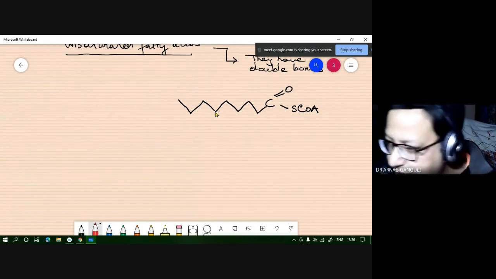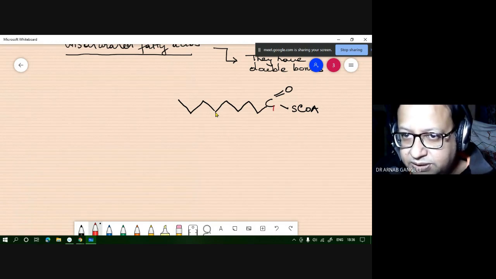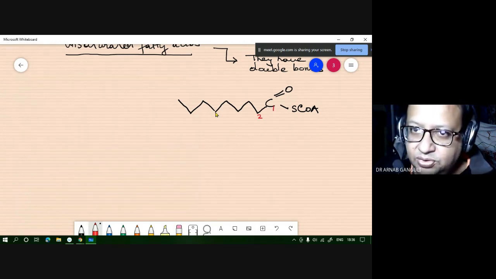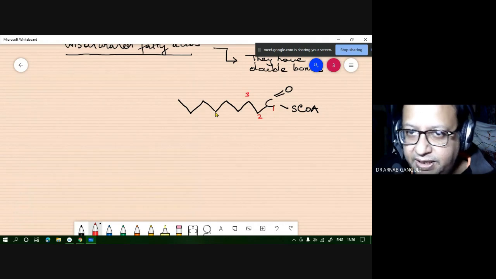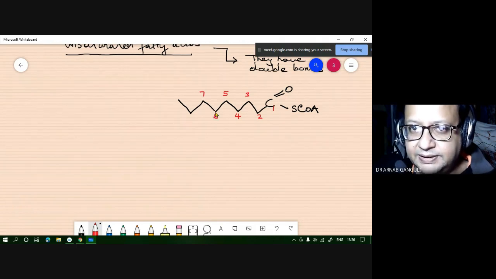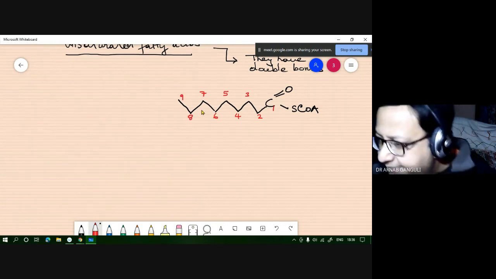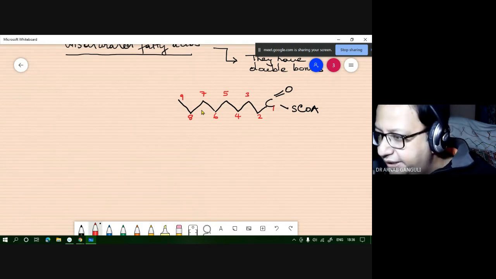Now we will introduce a double bond. So this was C1, C2, C3, C4, C5, C6, C7, C8, C9. Now we are drawing a double bond.